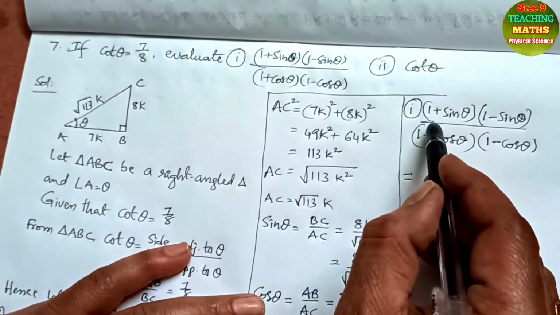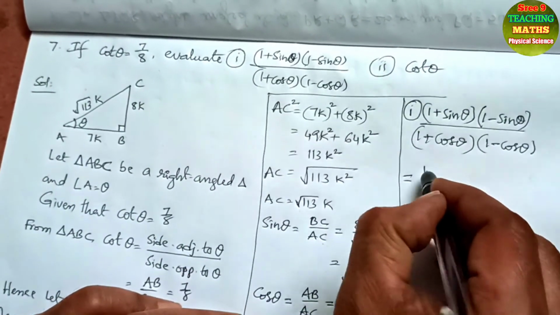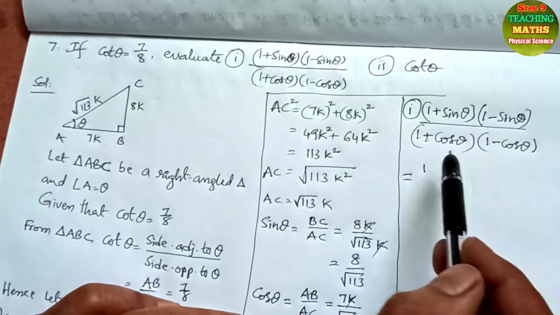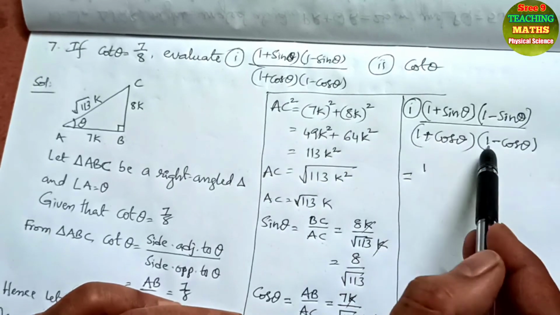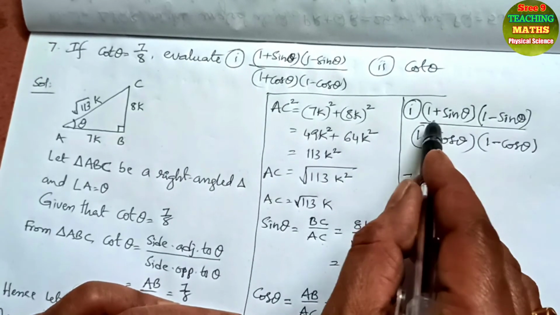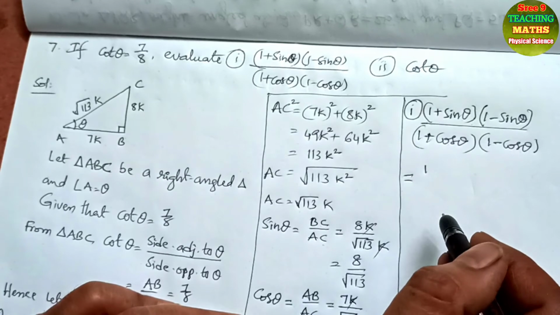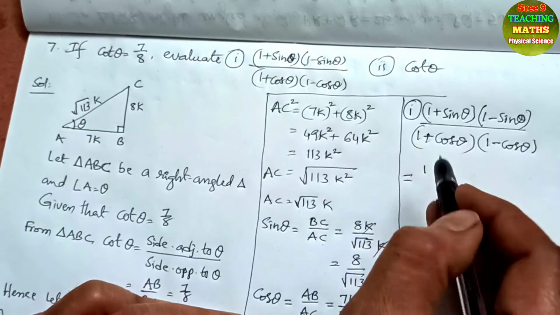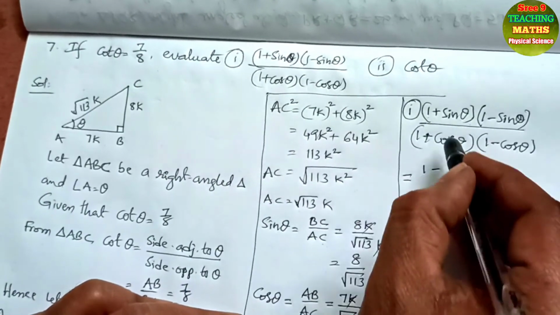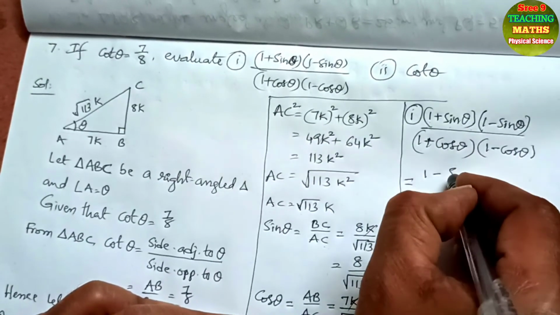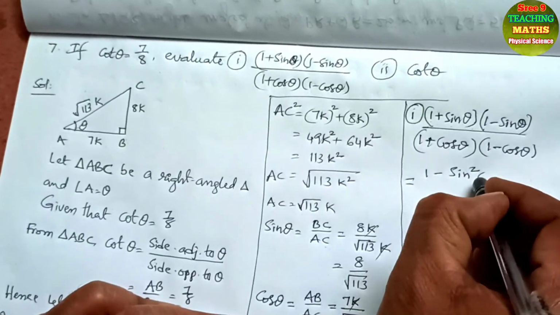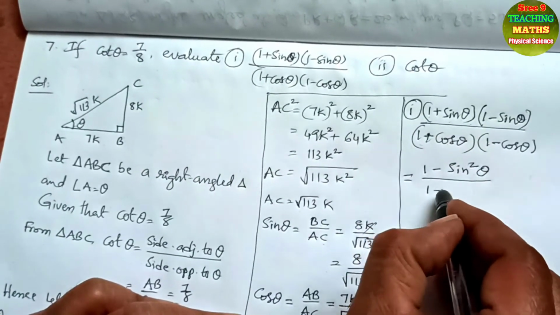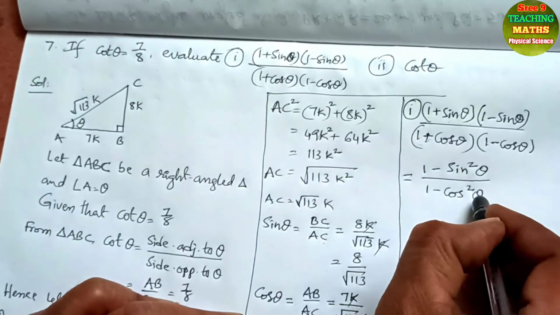Here it is in the form of a plus b into a minus b, and here also a plus b into a minus b, which is equal to a square minus b square. Here a square is 1 square, which is 1, minus b square, which is sine square theta, by likewise 1 minus cos square theta.